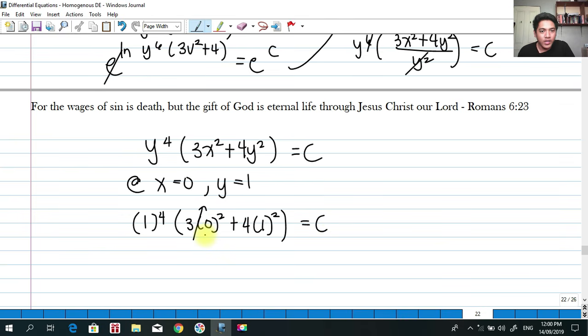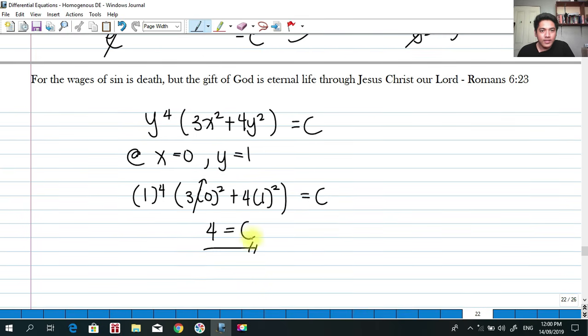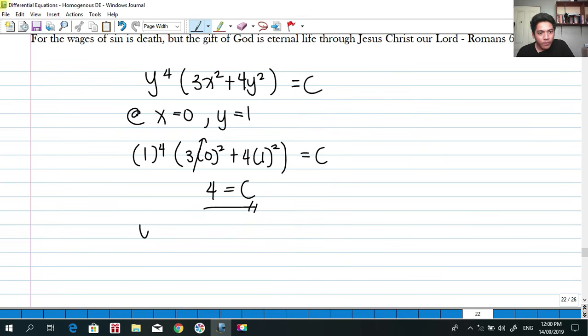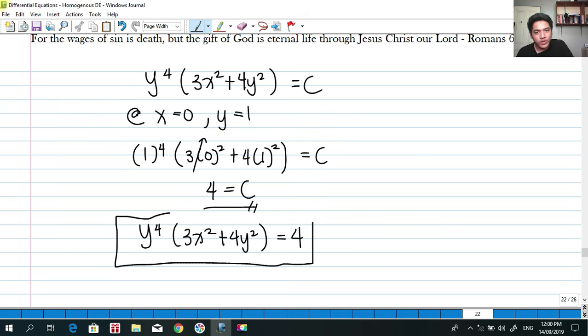So 0 plus 4 times 1, c is now equal to 4. Hence, our particular solution would be y raised to 4 times (3x squared plus 4y squared) equals 4. So this should be our answer for our homogeneous differential equation in this problem. This should be our particular solution.